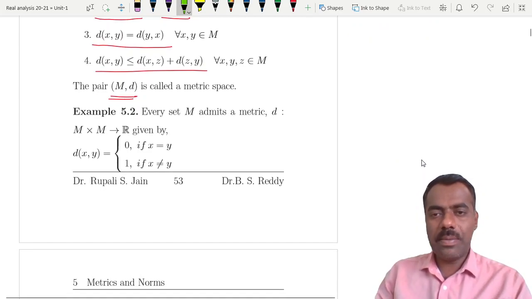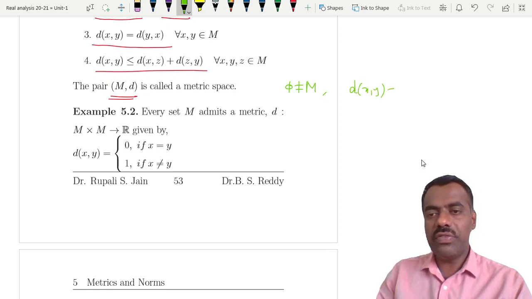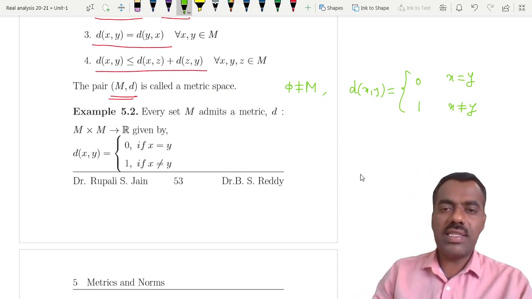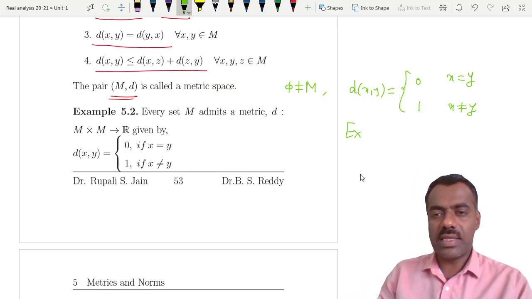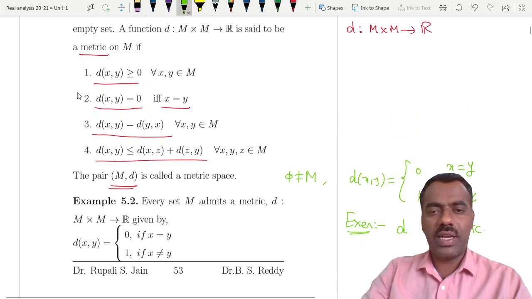The simplest example is that on any set M, we can always define a metric, namely the distance between 2 points you define as 0 if they are equal, and 1 if they are not equal. Then one can easily check that, so you can take it as an easy exercise to show that this d is actually a metric. That means it satisfies these four conditions.